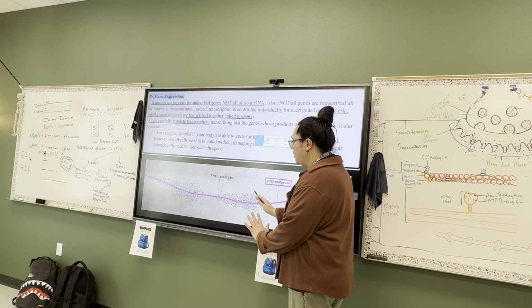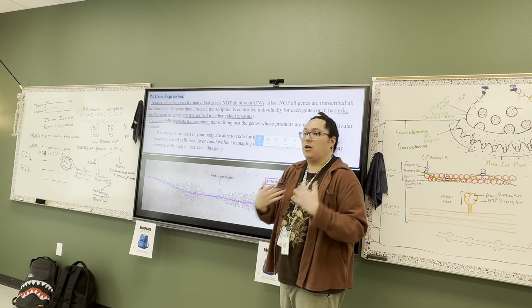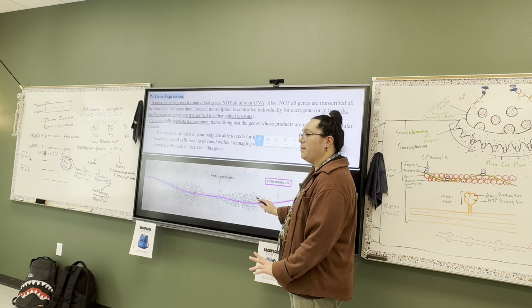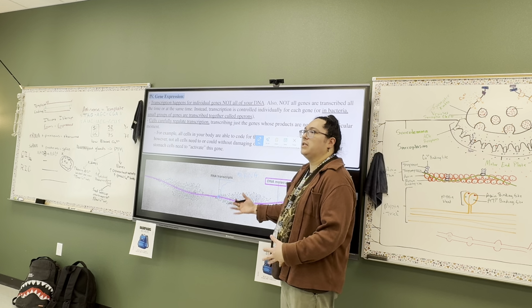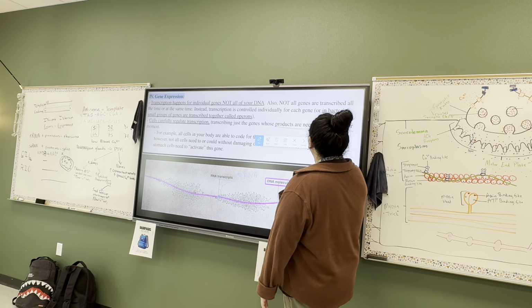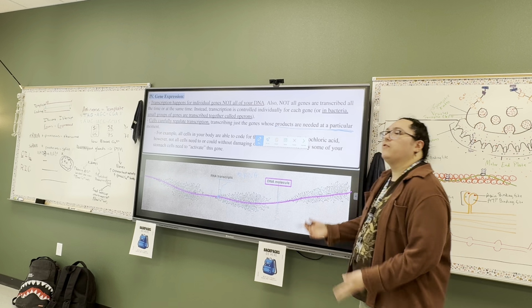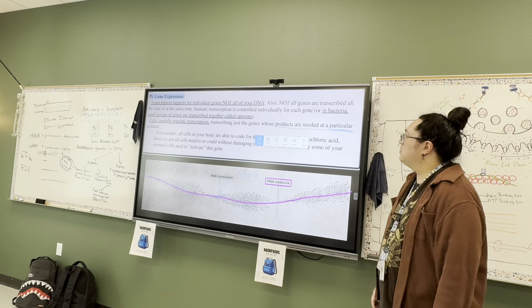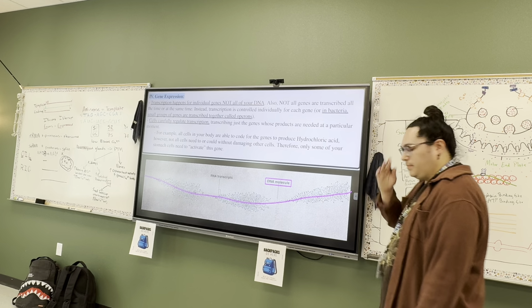But what this is showing you is that in real cells in our body, there's multiple RNA polymerases making multiple mRNAs at one time, because again, we may need it at that particular moment. Like for example, producing hydrochloric acid or producing parathyroid hormone or whatever the case may be. Okay.